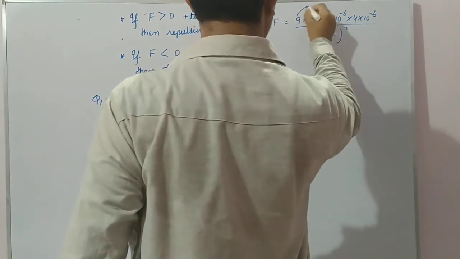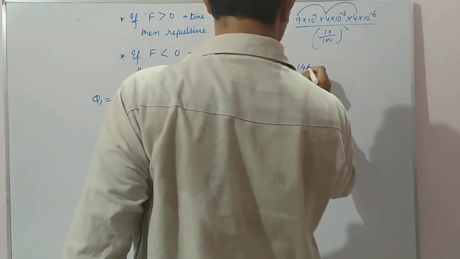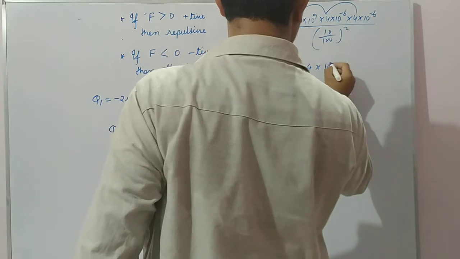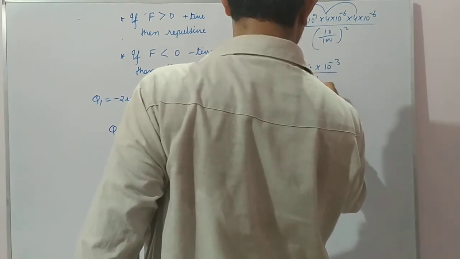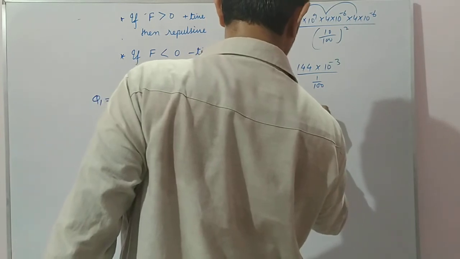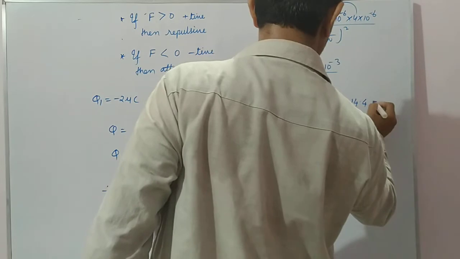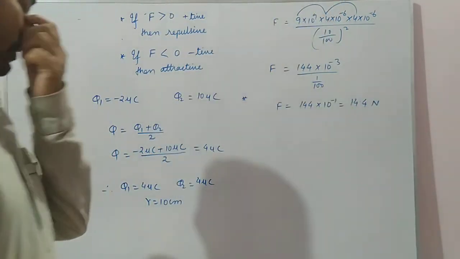F is 9 into 4, 36, 36 into 4, 144, 144 into 10 to the power minus 3 by 1 by 100. Or F equals 144 into 10 to the power minus 1, that is 14.4 Newton.